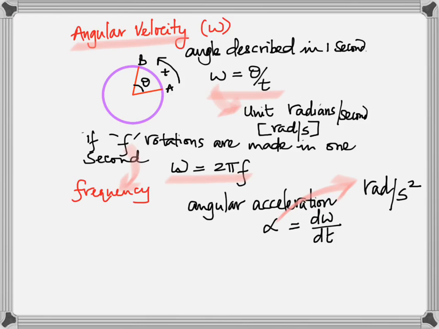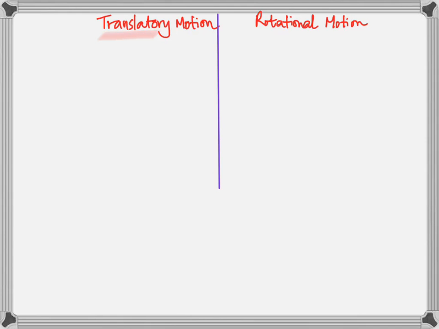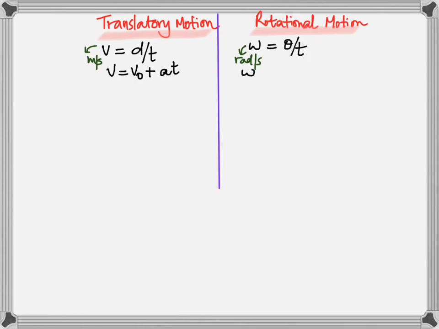That is angular acceleration. Now I'm going to compare that with linear motion and look at all the equations. Velocity is displacement by time, angular velocity is theta by time. The unit of velocity is meter per second, the unit of angular velocity is radians per second. You remember this equation? V is V naught plus at.